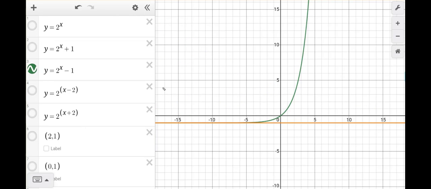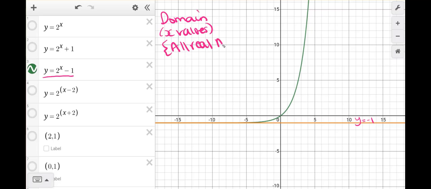Okay, so if we look at this graph, this time we've got our graph, which is 2^x minus 1. So it's actually moved down. So our asymptote this time is on the line y is equal to minus 1, which means that it's not going to actually reach minus 1, but it will be close. So our domain, all the x values, will be all real numbers.